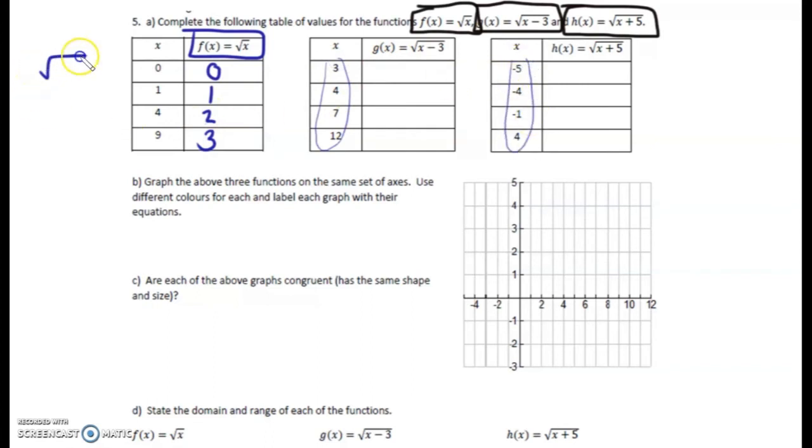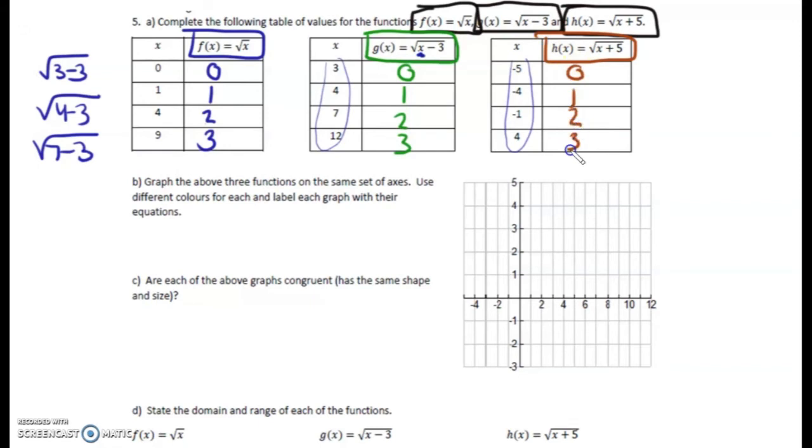So what is root of 3 minus 3? What is the root of 4 minus 3? What is the root of 7 minus 3? Right? We're substituting all of these x's into this value here. Okay, so I get 0, 1, 2, 3 as well. And if you do the same thing for h of x, we're going to get, again, 0, 1, 2, 3.